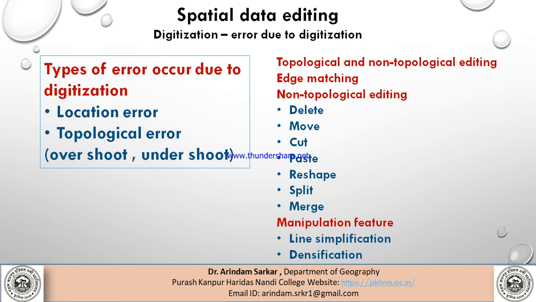The nature of spatial data editing varies among GIS users. It depends on whether they use topological or non-topological GIS data, whether they are GIS producers or users, and what GIS package they use. A topology-based GIS package can detect and display topological errors.